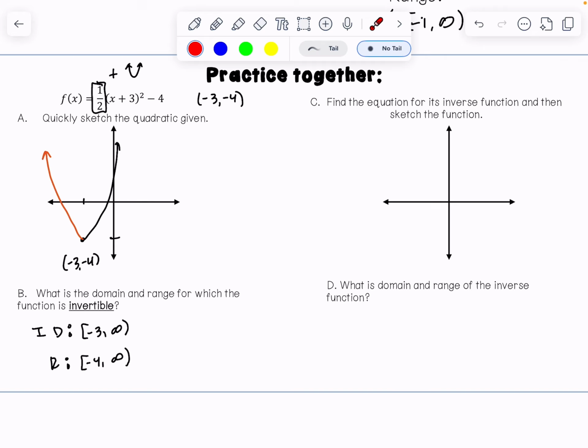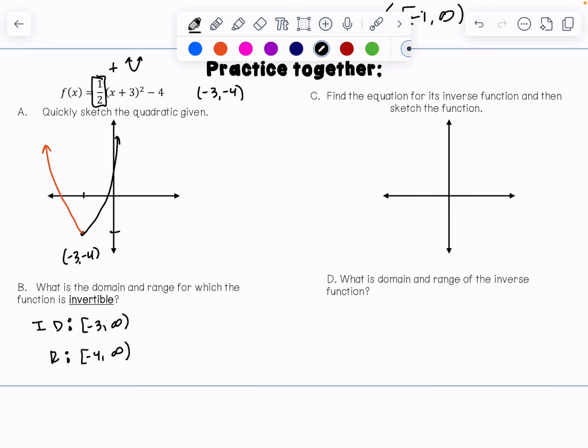Part B says find the equation for its inverse function and then sketch the function. So we're going to do the inverse equation in just a second. Let's talk about the sketch here. So we know that we are taking this part here and we are reflecting it across the line y equals x. Well, that means that my vertex number is going to change. It's going to be -4, -3.